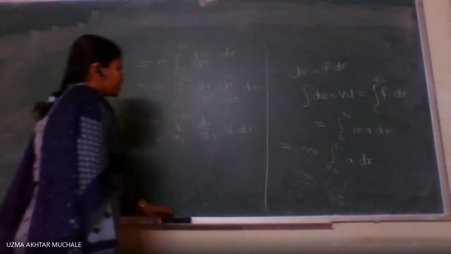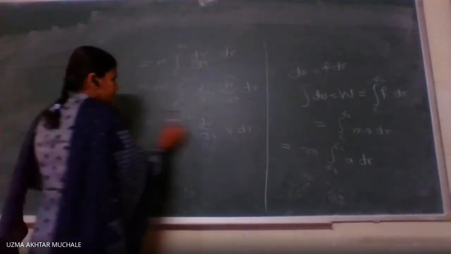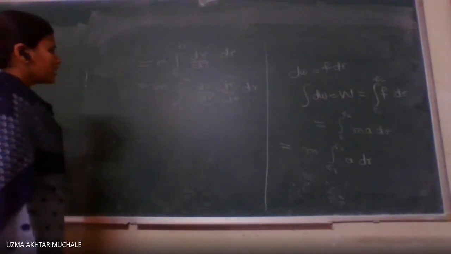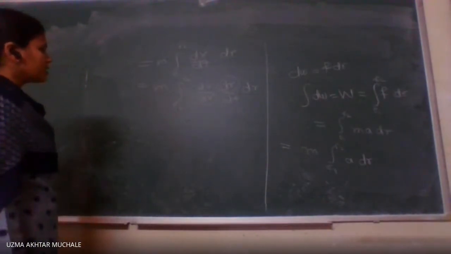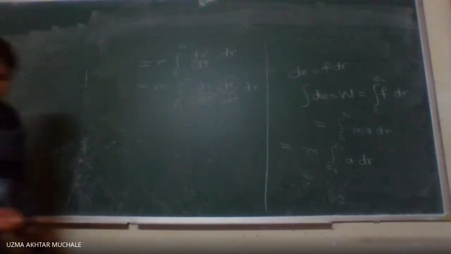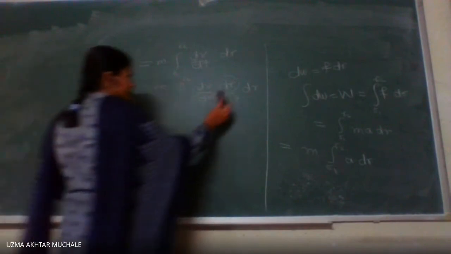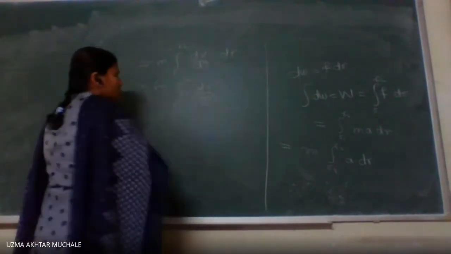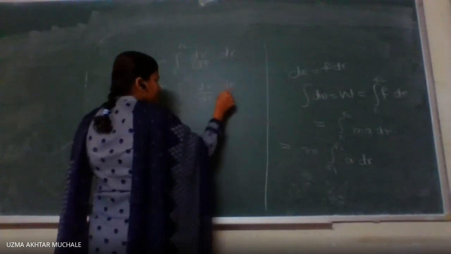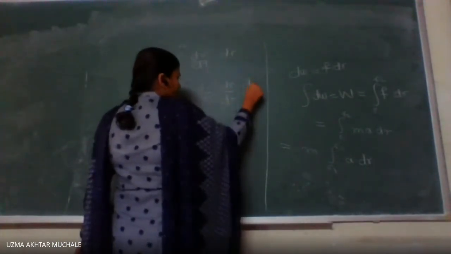Let me do one thing here so that we can do more adjustment. We have done dv by dr by dt. Actually, this we will keep as it is. We'll change here dr. So for this dr, what we have done is dr by dt into dt.